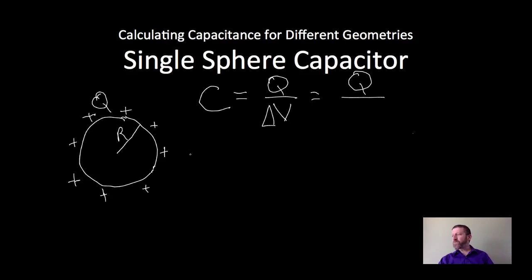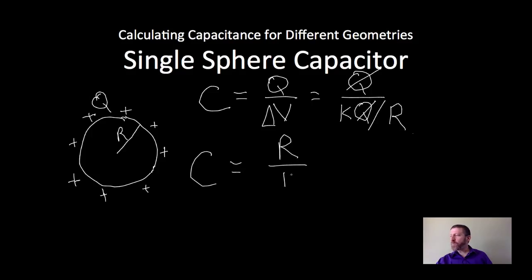But all I got to do is put in the potential of this compared to infinity, which, as you recall, is K, the Coulomb constant. That's not a kappa, that's a K, Q over the radius of this sphere, capital R. Well, how simple is that? The Q's cancel, and you end up with just capacitance is the radius of this thing over the Coulomb constant, which we much prefer to write with these more fundamental constants.